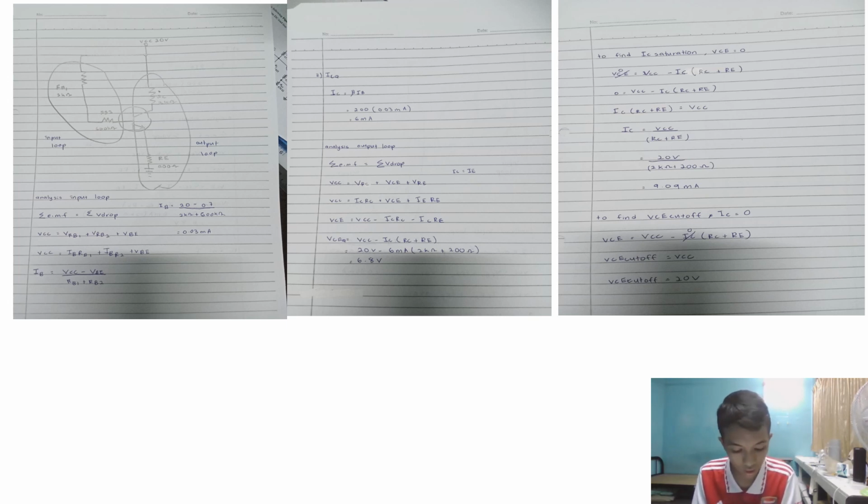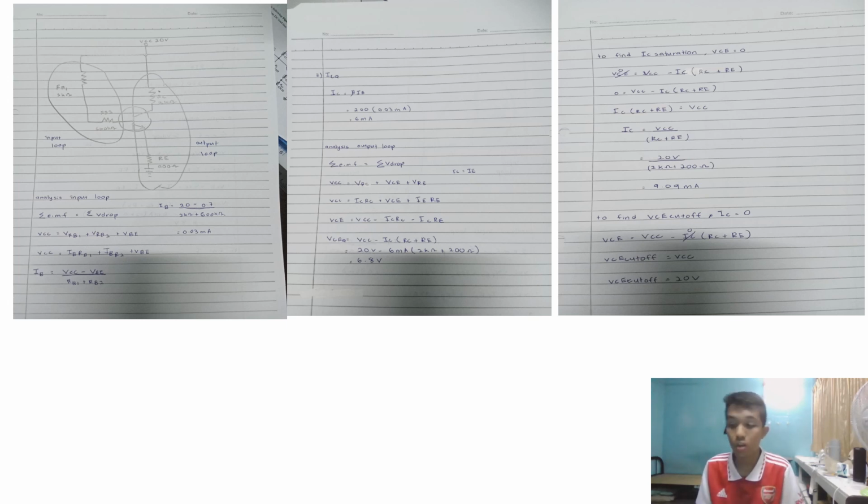So IB is equal to VCC minus VBE divided by RB1 plus RB2. IB is equal to 20 minus 0.7 divided by 2 kilo plus 600 kilo. So we get 0.03 milliampere.